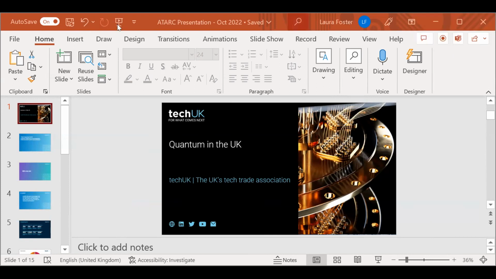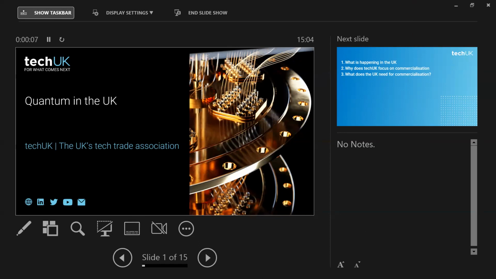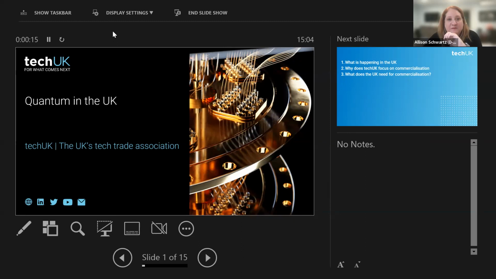It says display settings with a little drop-down menu all the way at the top. I unfortunately don't have access to that.